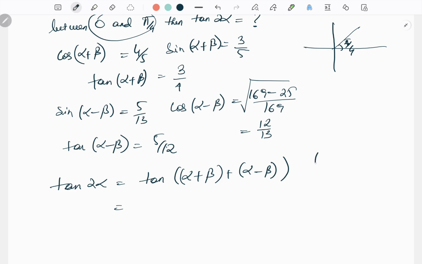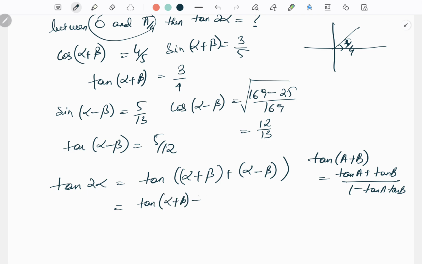And we know the identity tan a plus b is tan a plus tan b over 1 minus tan a tan b.